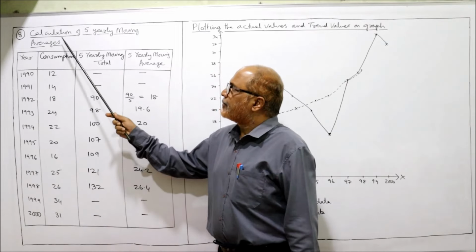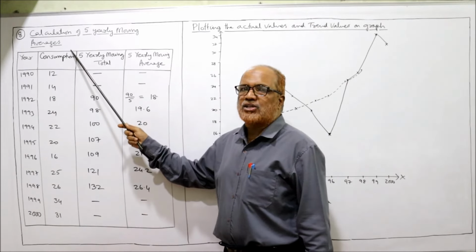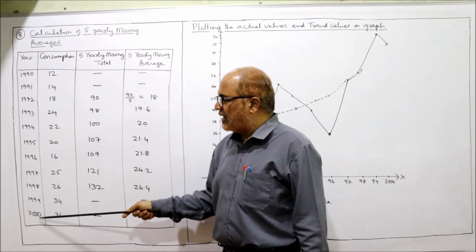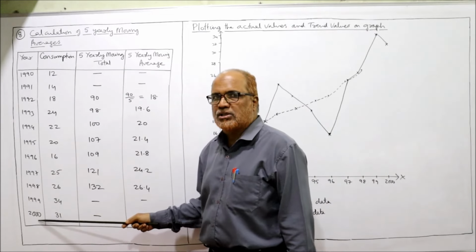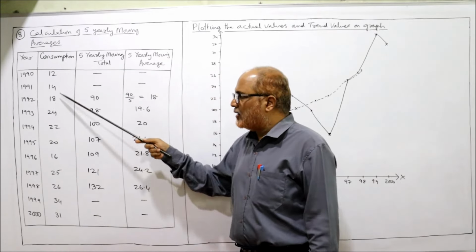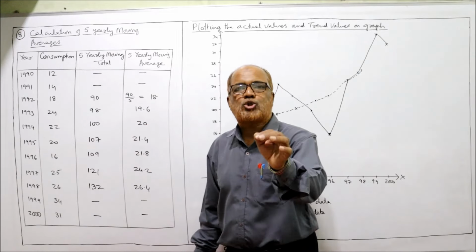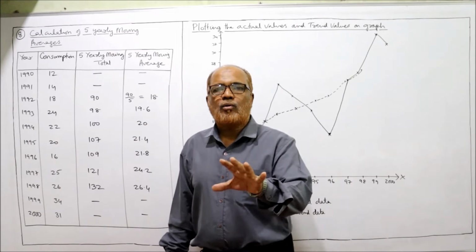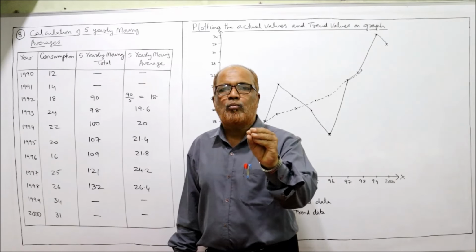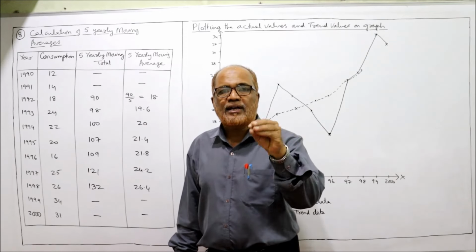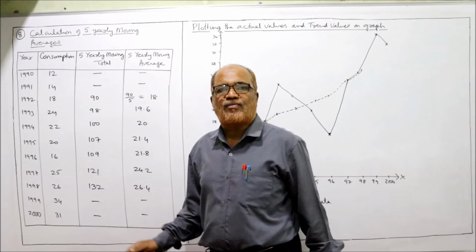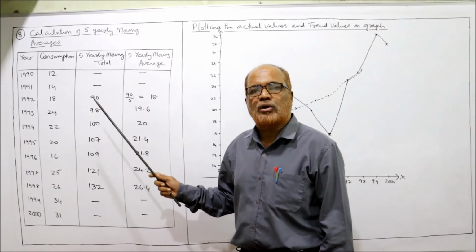Now see carefully. Calculation of 5 yearly moving averages. First year column I have taken from 1990 to 2000. And the second column, consumption values are given for every year. This is the actual data given. Now we are required to calculate 5 yearly moving averages. For that, first we calculate the 5 yearly moving total.